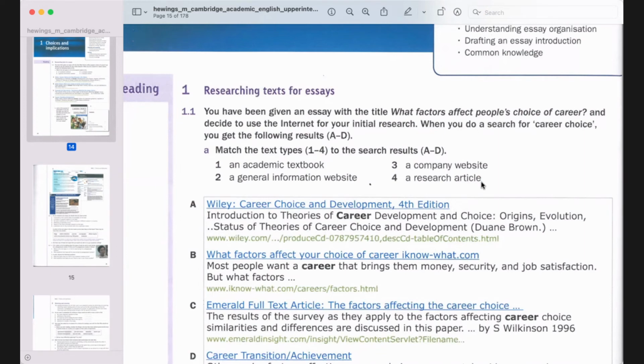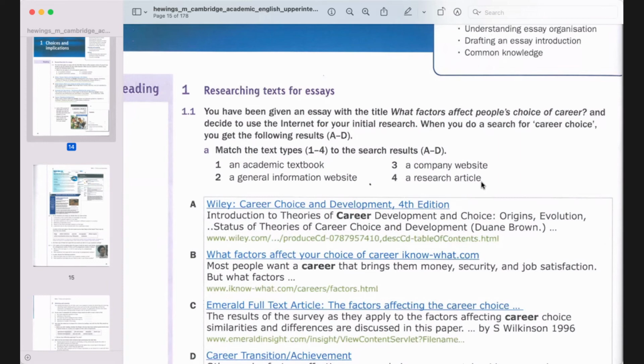An academic textbook, of course, and a general information website, in my opinion. Okay. And in research articles, we often get survey or experimental data where we can get information about people's choices, the percentage of their satisfaction, their criteria for this choice, and so on.